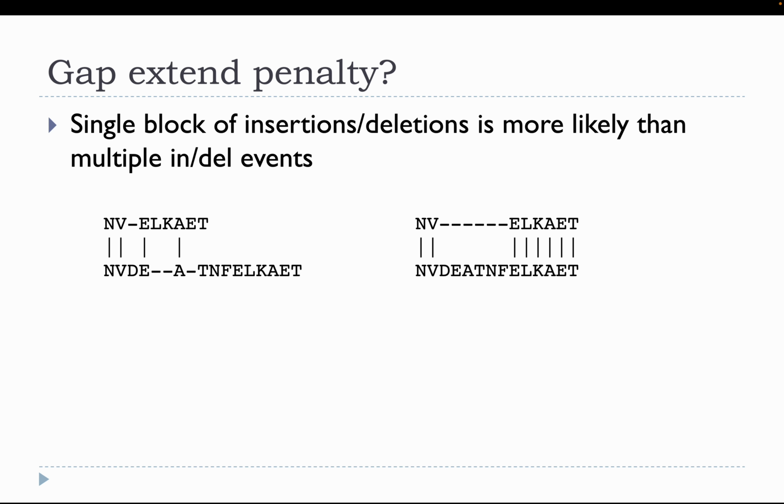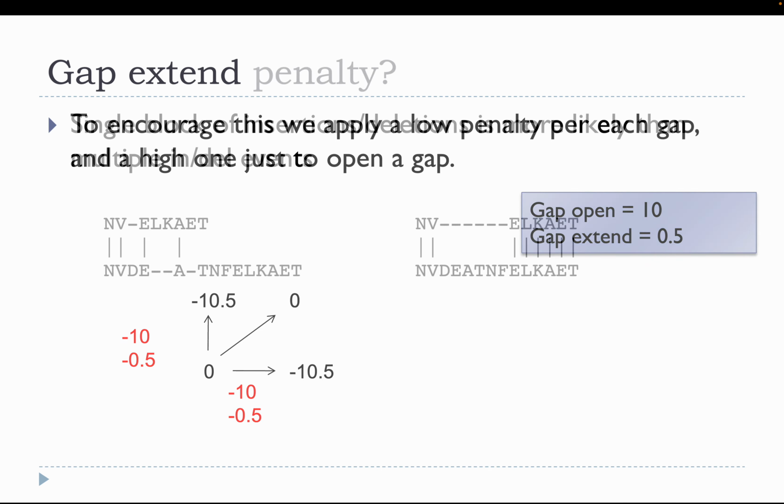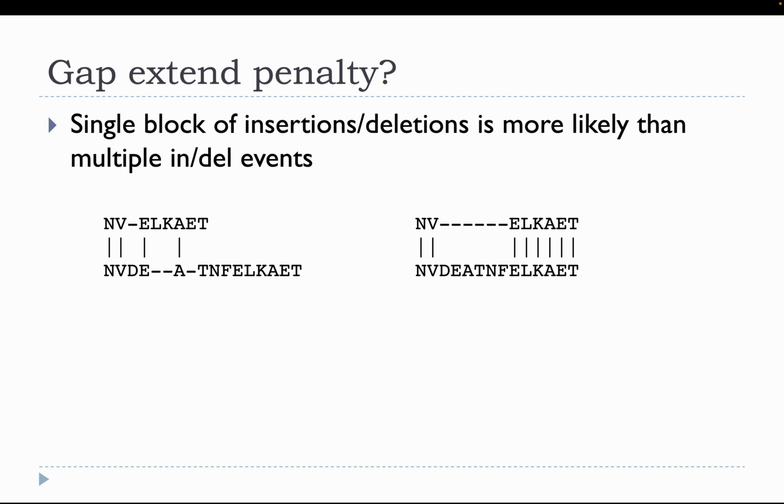The most parsimonious explanation is the fewest number of events. So we could align these sequences like that, or if we just put in one gap, we get a much better alignment.